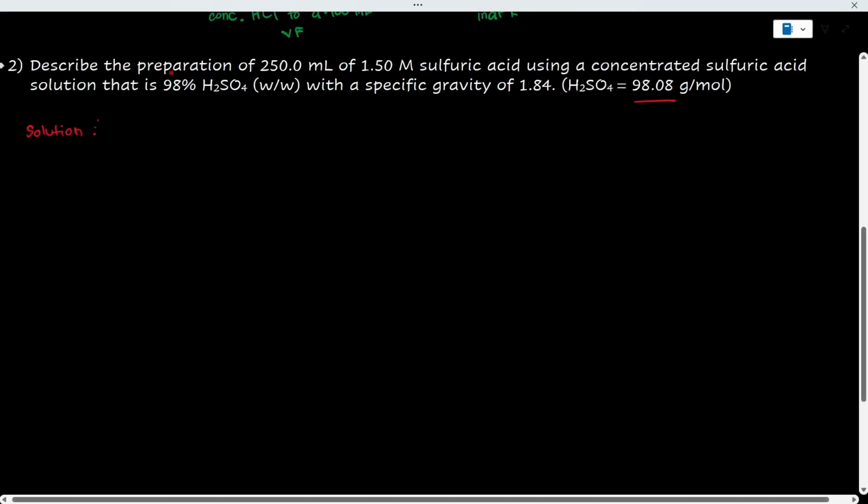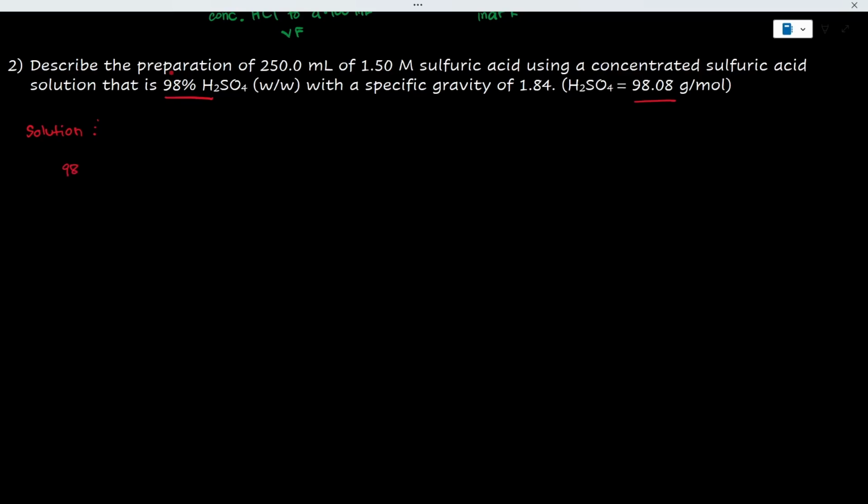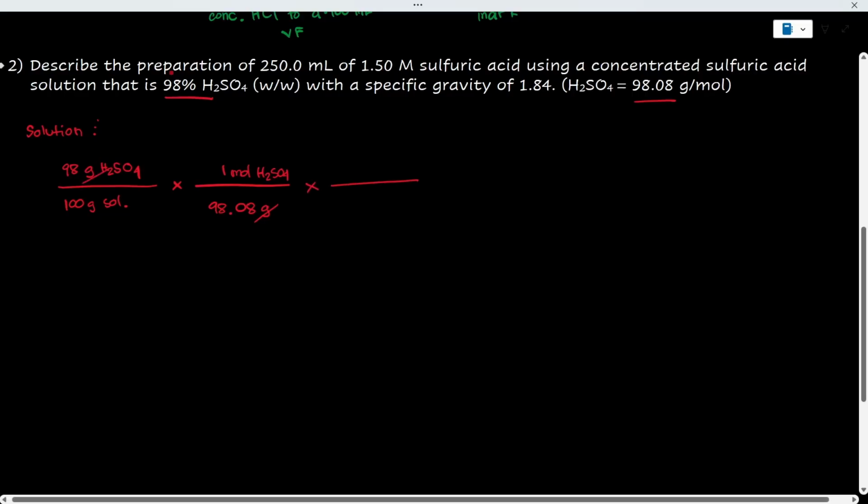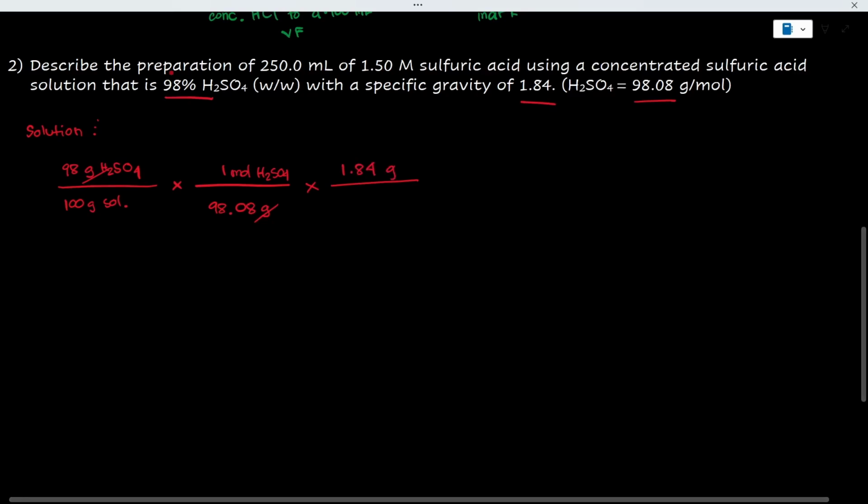Let's start with the given percentage, which is 98%. So that is 98 grams H2SO4 over 100 grams solution. We can use the molar mass of H2SO4, 98.08 grams, which is 1 mole of H2SO4. Cancel the grams, and let's use the given density or specific gravity, which is 1.84 grams per ml.